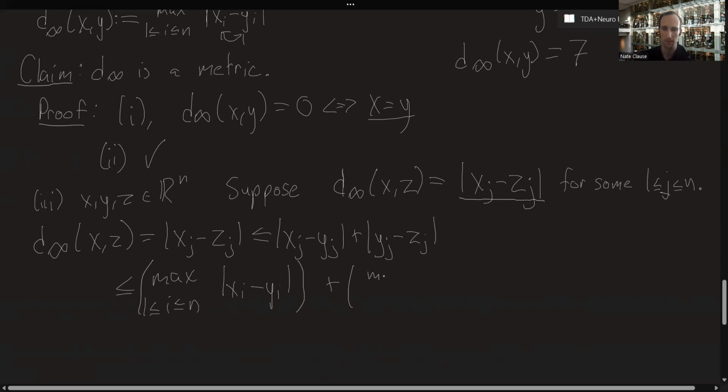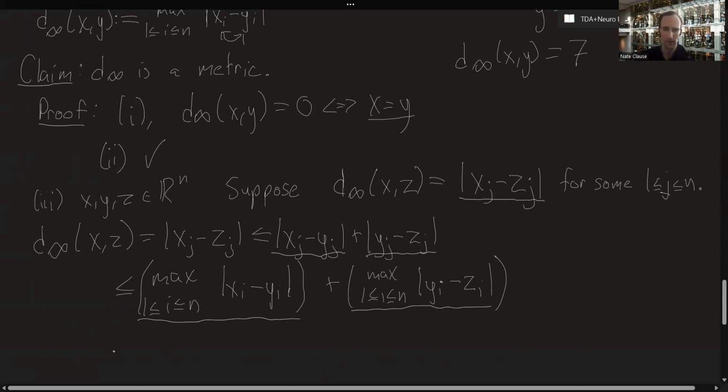the maximum, from 1 less than or equal to i less than or equal to n, of |yi minus zi|. This value must be less than or equal to this value, and this value must be less than or equal to this value, because we're just considering a particular element in a set that we're taking the maximum of.